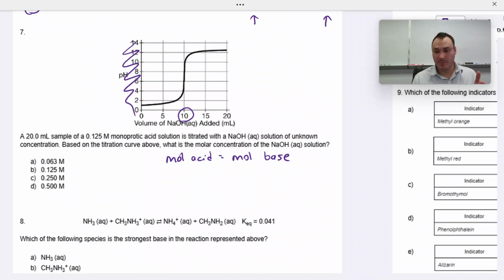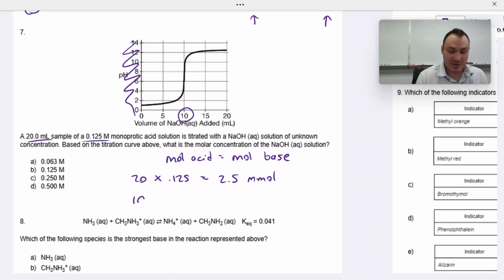So let's find out how many moles of acid we have. We have 20 milliliters of 0.125 molar. So if we do 20 times 0.125, we get 2.5 millimoles. It took 10 milliliters of NaOH to reach the equivalence point. What concentration does that base need to be so that we have 2.5 millimoles of base?